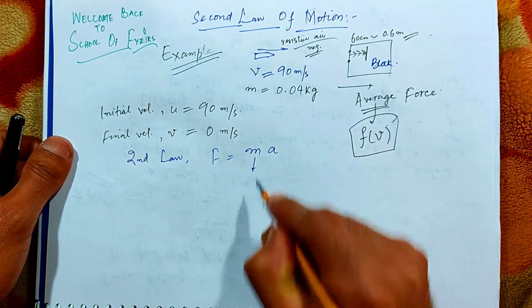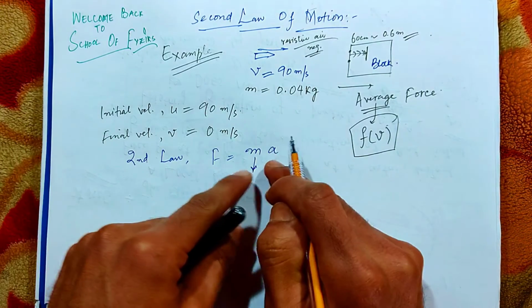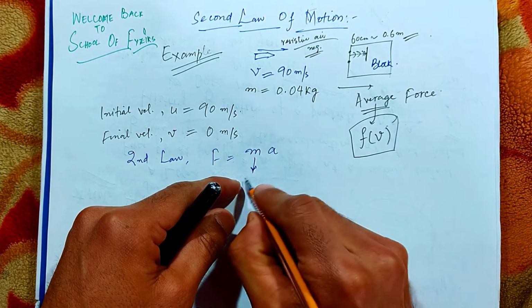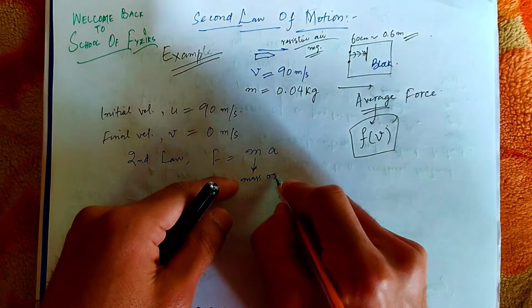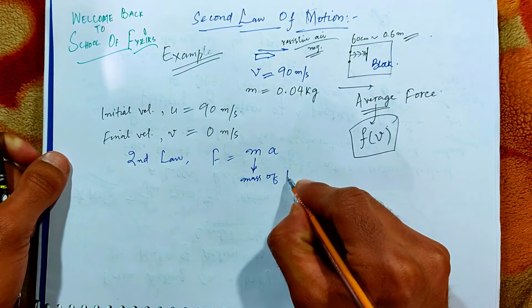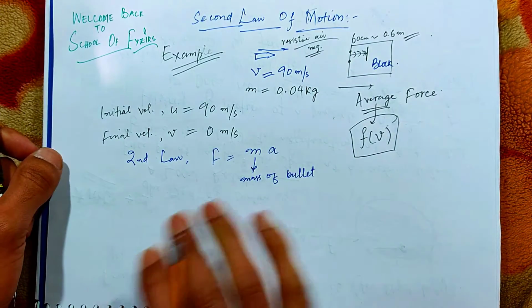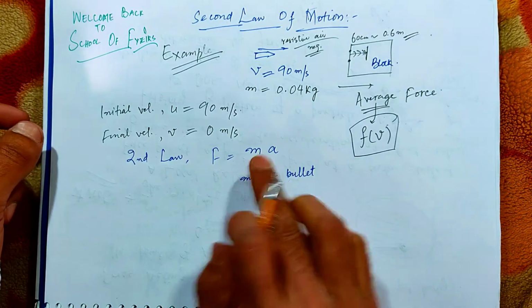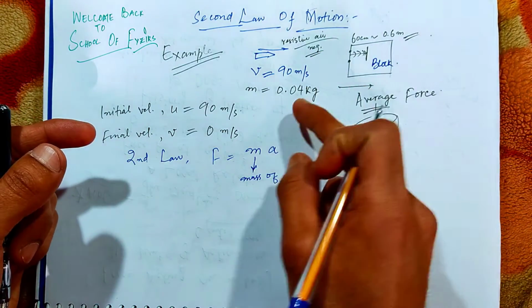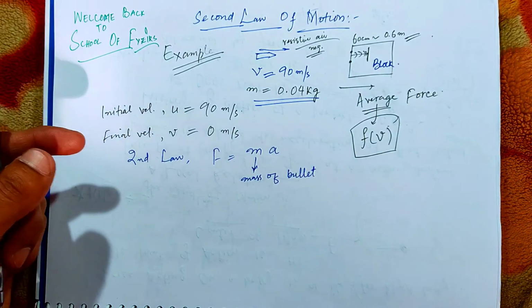And we know the mass of the bullet here, because the force is applied by the bullet, so we have to consider the mass of the bullet. It is given here; this is the mass of the bullet.